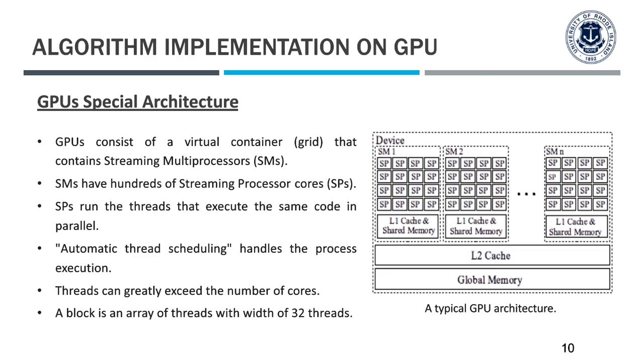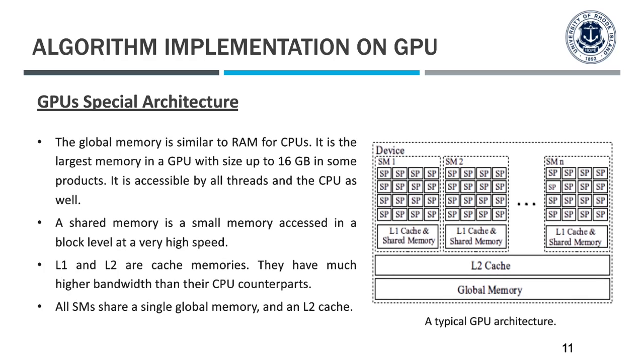A block is an array of threads with width of 32 threads. The global memory is similar to the random access memory for CPUs. It's the largest memory in a GPU, with size up to 16 GB in some products. It's accessible by all threads and the CPU as well.